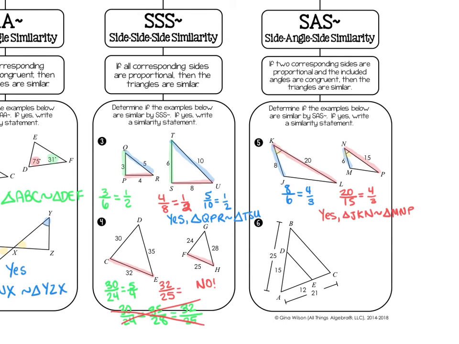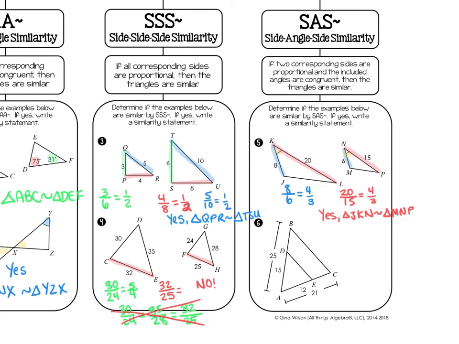Now, in example 6, we have a triangle within a triangle, and we're going to try to prove that these two triangles are similar. The first thing we're going to look at will be the two sides, because remember, we need a proportional side, then we need the angle in between to be congruent, and then we need another proportional side.